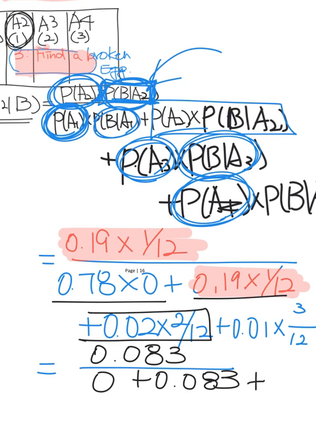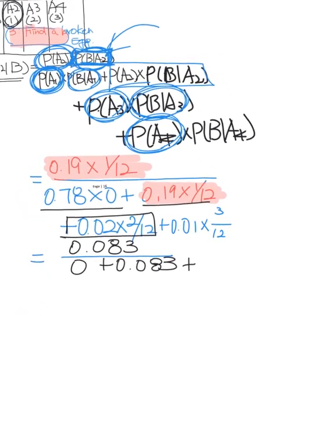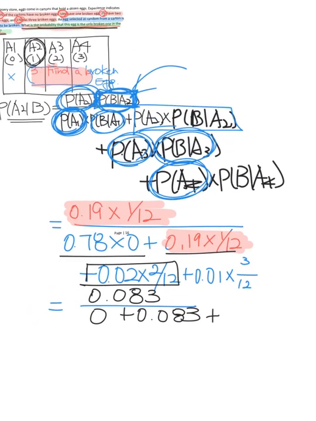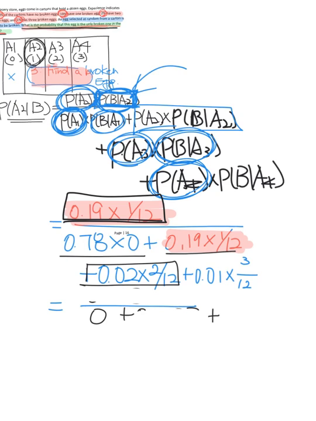Then can you do this one for me? On the top, are you multiplying 0.19 times? Yeah, that 0.083 is just 1 divided by 12. Okay, then I need another one. Yeah, I need the multiplication.